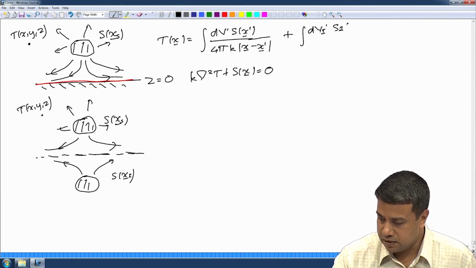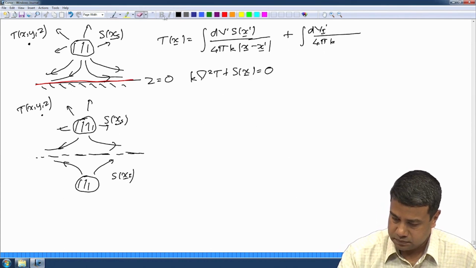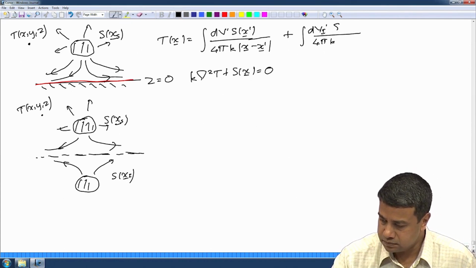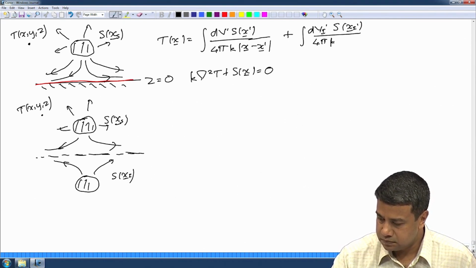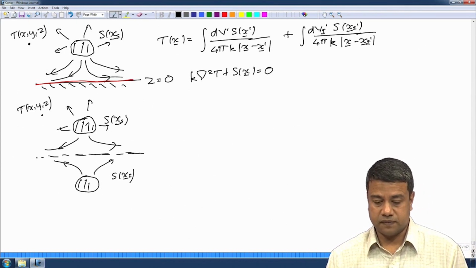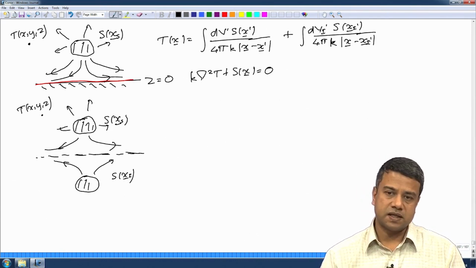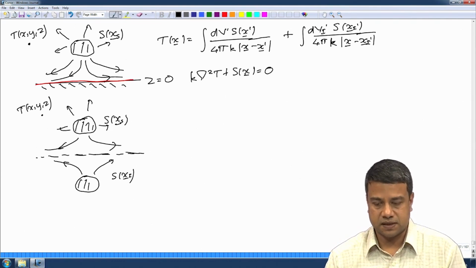Times the image divided by 4 pi k. So, this is now the correct expression because I have replaced the boundary conditions at this boundary by an alternate problem which satisfies the exact same boundary conditions at that exact same boundary.